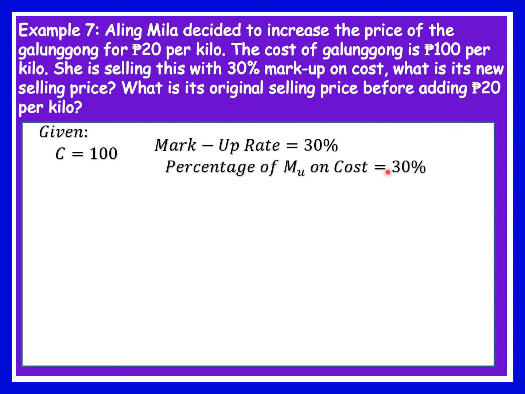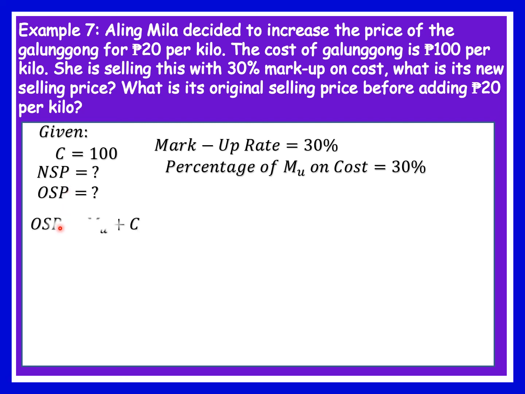So that is 30%. And we are going to look for the new selling price and the original selling price. By the way, the original selling price is also our selling price before adding the 20 pesos, and the new selling price is the selling price after adding 20 pesos.